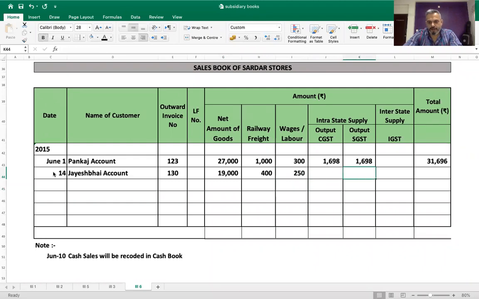Now it is Rajasthan, so it will be interstate supply. So do the total. 19,000 plus 400 plus 250 into 12%. So 2358, and then do the totals. 22008.